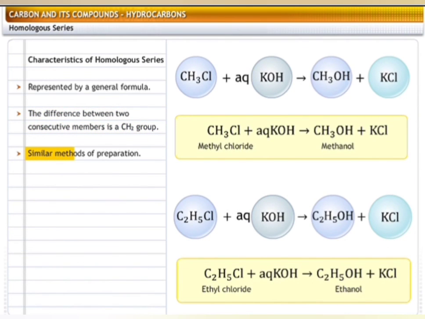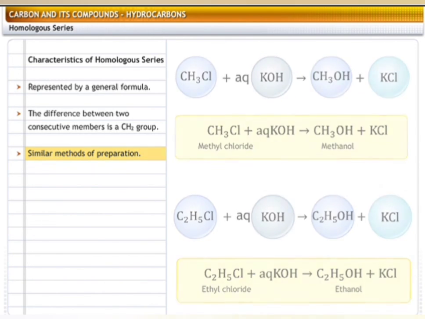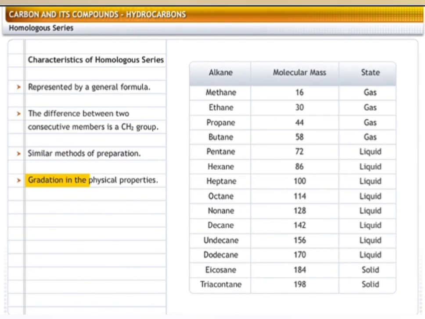The members belonging to a homologous series are prepared by similar methods. For example, methanol and ethanol can be prepared by the hydrolysis of methyl chloride and ethyl chloride with aqueous potassium hydroxide. A gradation in physical properties is seen as the molecular mass increases in any homologous series.